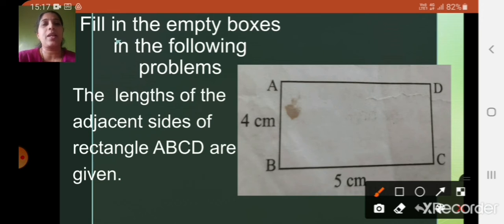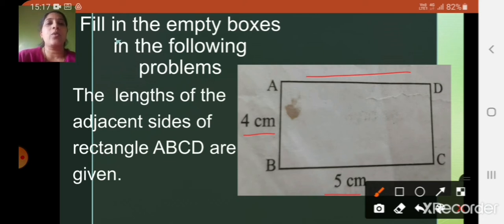If you can see AB, AB is given as 4 centimeter. Adjacent to AB is BC. BC is given 5 centimeter. So as you all know children, in a rectangle, the length AD and length BC are the same.